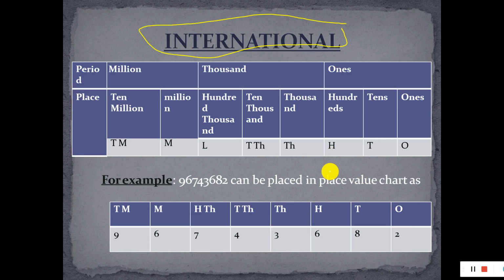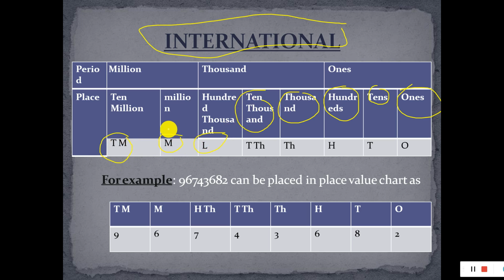And second one is the international system. There is a little change we see here. It starts from ones, then tens, after that hundreds, then thousands, then 10,000s, then lakhs, and million, and 10 million.